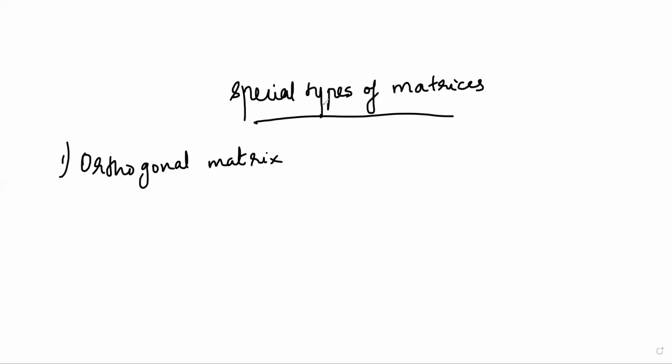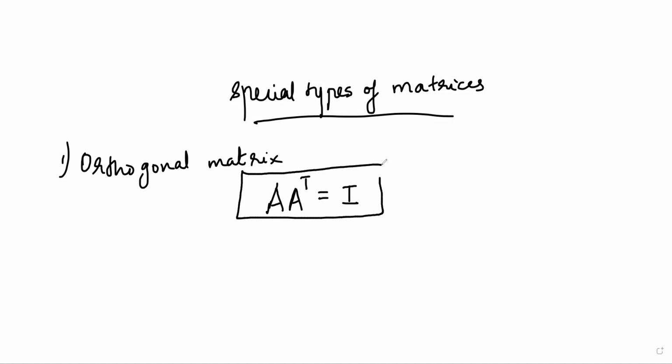Okay. So special types of matrices. First one is orthogonal matrix. An orthogonal matrix is a matrix such that if we multiply the matrix, suppose A, with its transpose, I am getting the answer as identity matrix. Then such a matrix is known as orthogonal matrix. Please note down what is an orthogonal matrix.